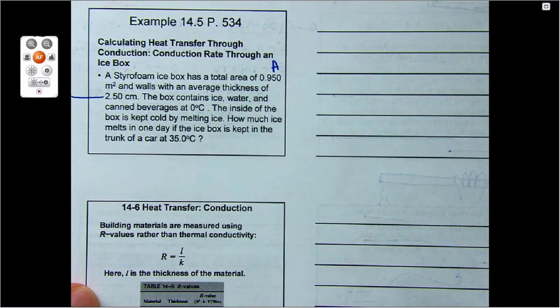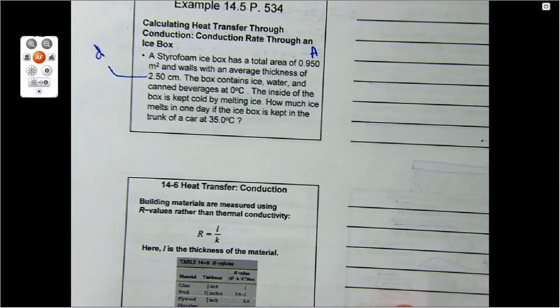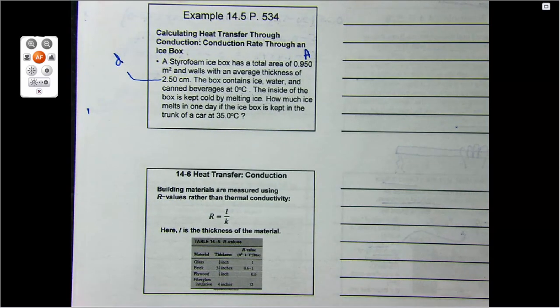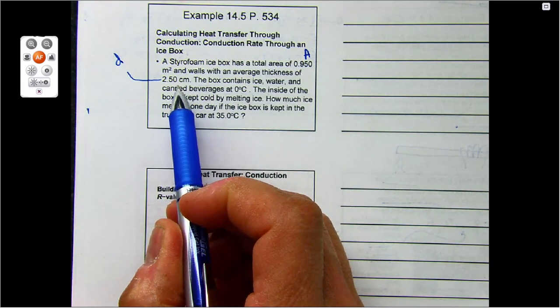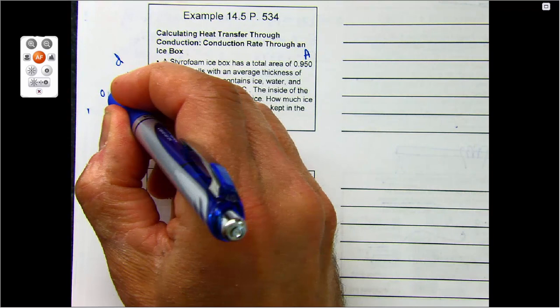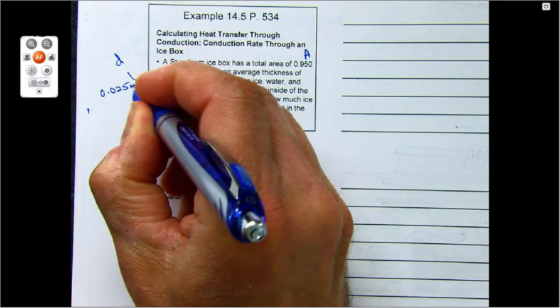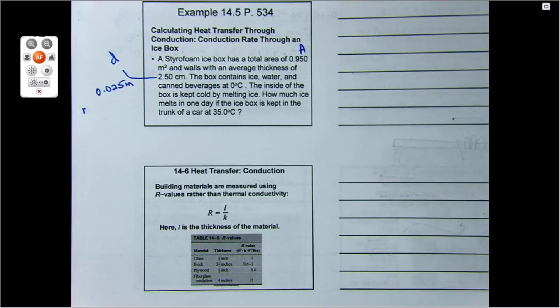So D is our thickness. So we got area, we've got D. And let's change that to meters. How many meters? .025 meters.